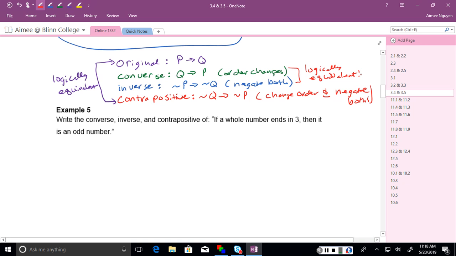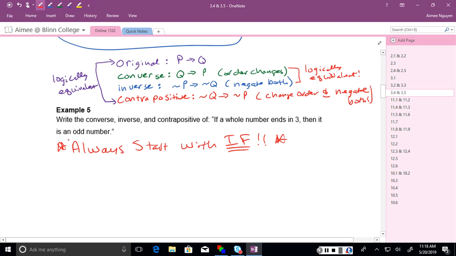The biggest thing with all of these is to always start with if. This will probably be the number one mistake that people make on their project and on their exam.